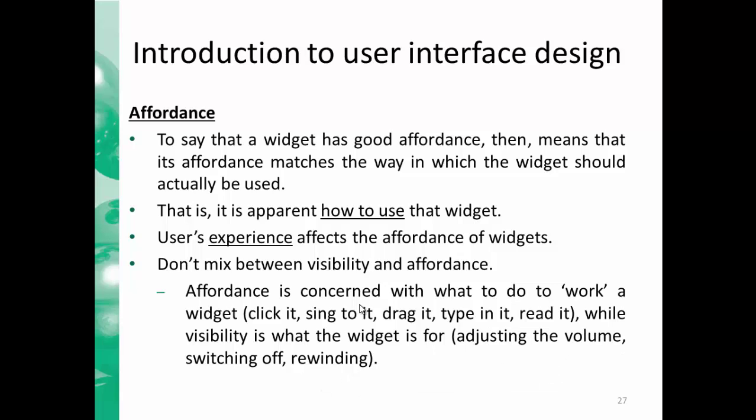You do not want to confuse affordance with visibility, because affordance is concerned with what to do to get the component to work. Do I need to click it, drag it, read it, or anything else? While visibility is deciding what this widget or object is for in the interface.